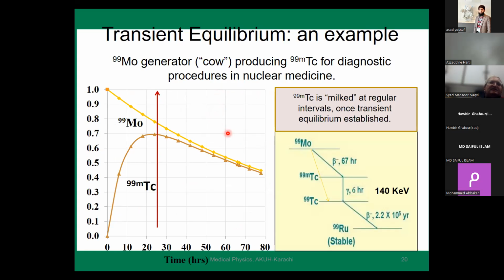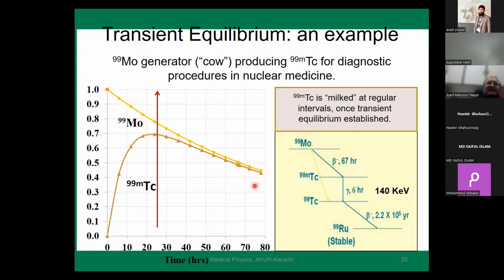That is how it happens. Molybdenum starts to decay and technetium starts to build up. At a certain time, we start to elute the technetium from the generator, and that is in fact when the transient equilibrium is achieved.